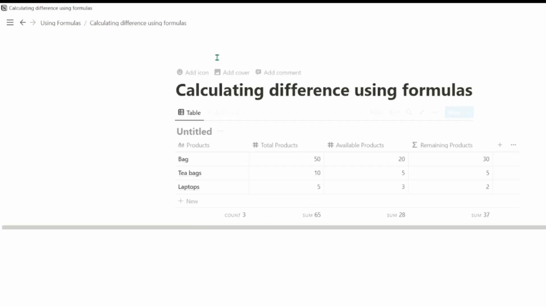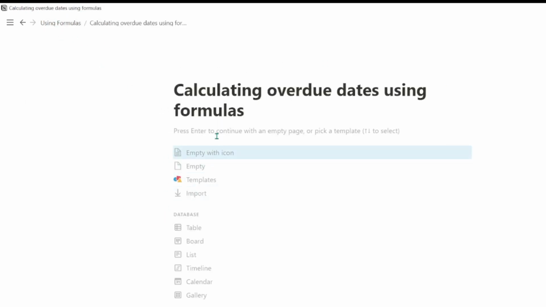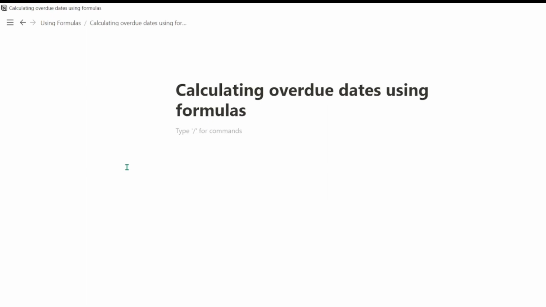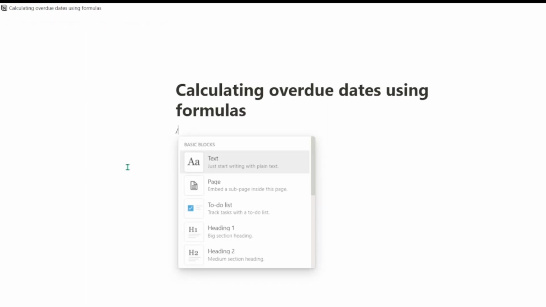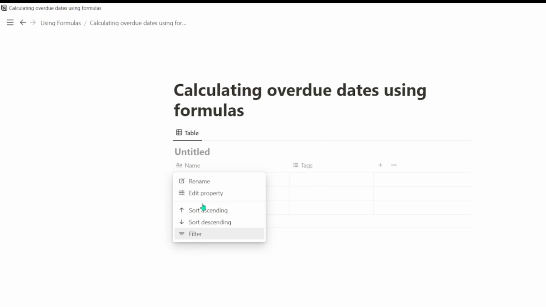Another example I want to show you is the difference of overdue dates. So let's suppose we have got a database, and we will say this is the event.